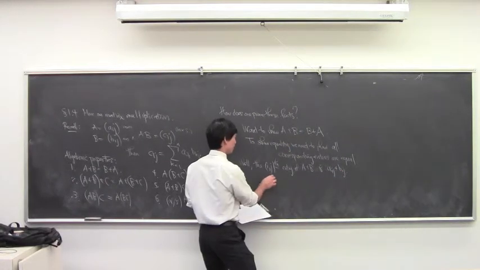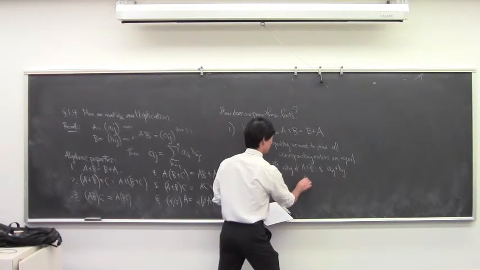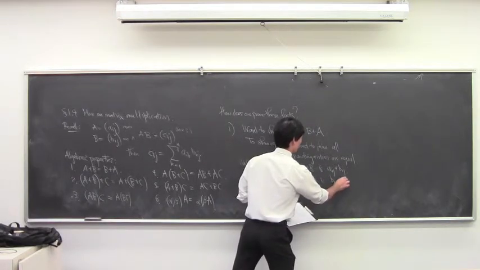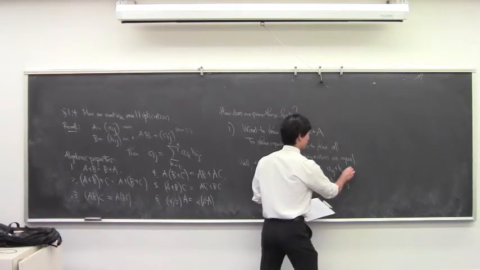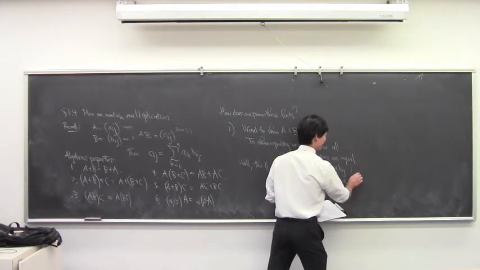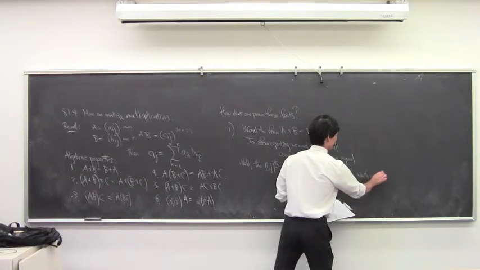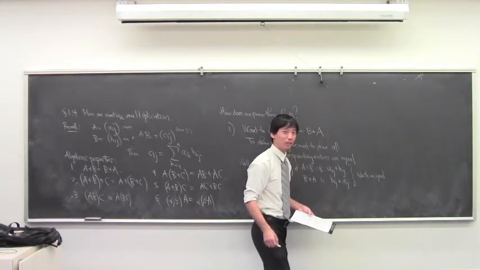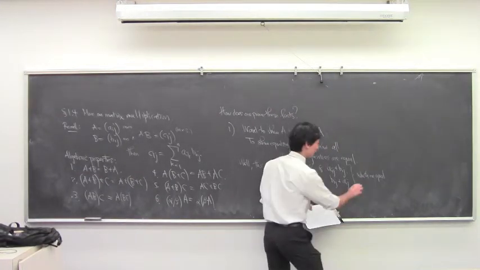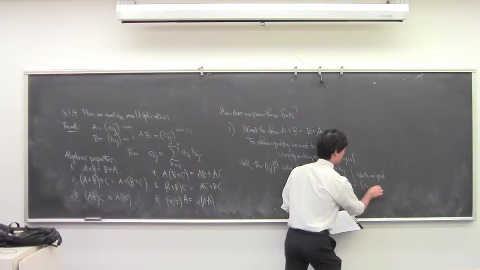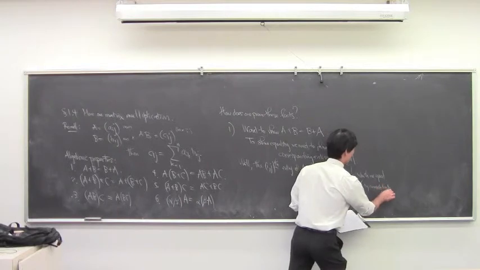The ijth entry of B plus A is Bij plus Aij, which are equal by commutativity of scalar addition. So if you wanted to give a reason, by commutativity of scalar addition.